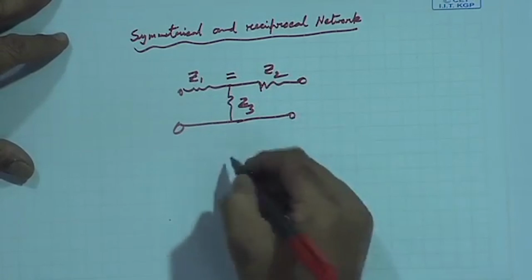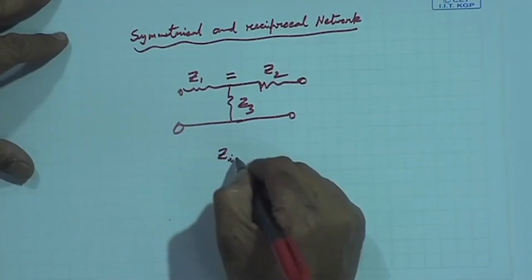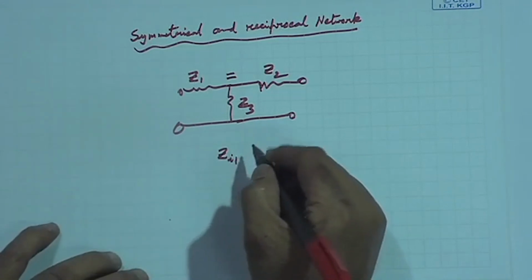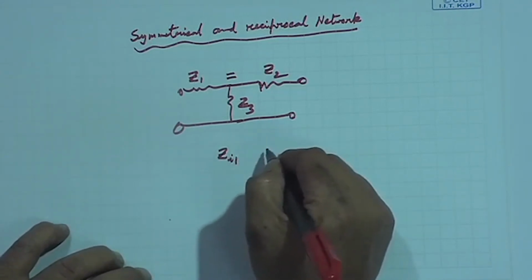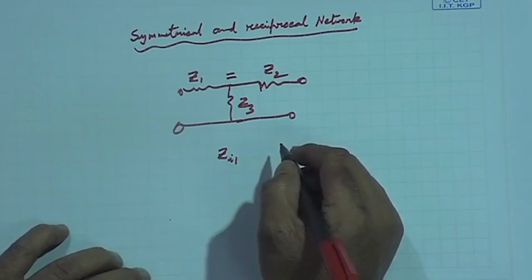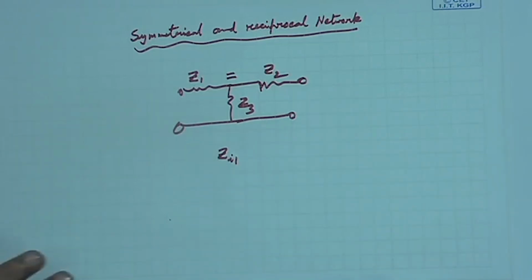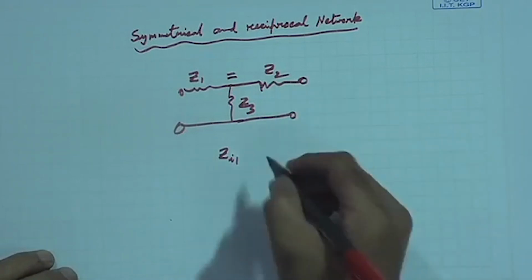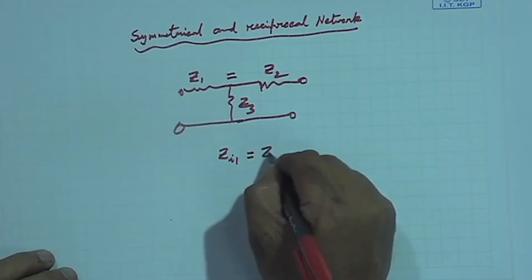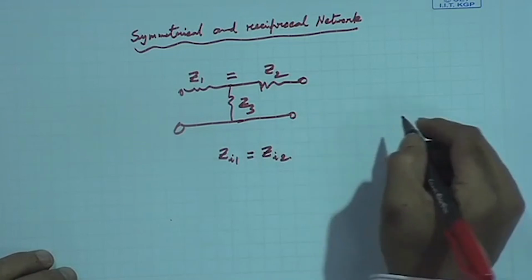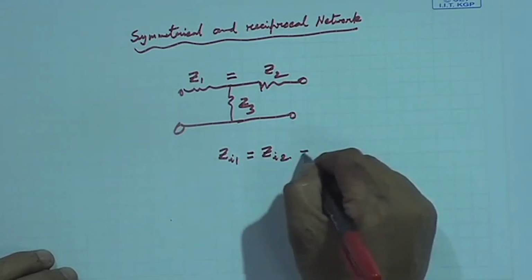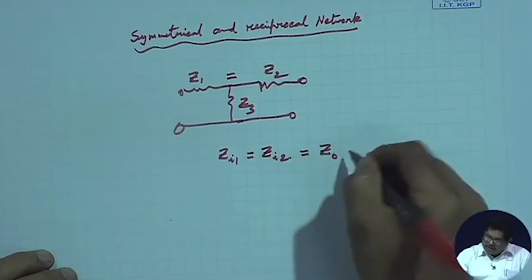So, what happens to my image impedance Zi1? You see the expressions of Zi1 and Zi2 already derived. The moment Z1 and Z2 are the same, they become equal. So, for a symmetric network, Zi1 and Zi2 are equal. That we generally call Z0.